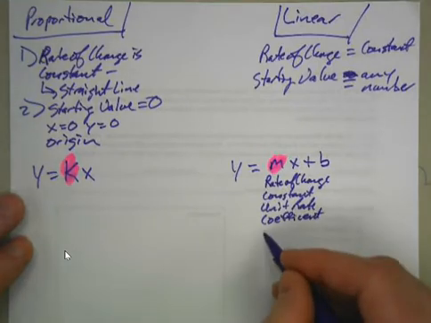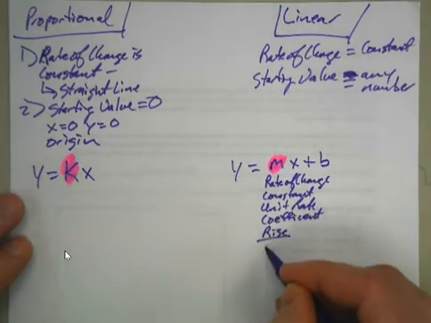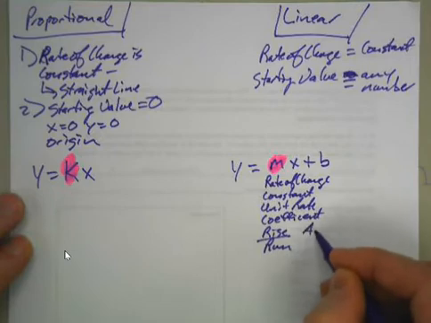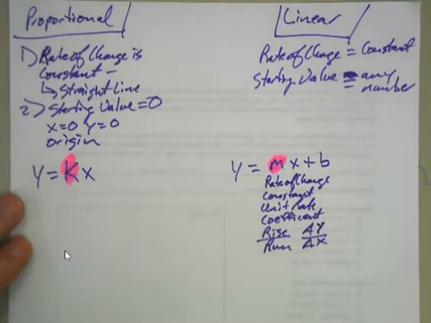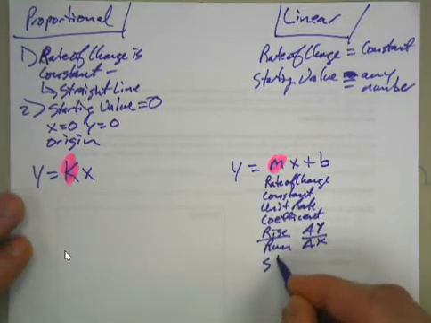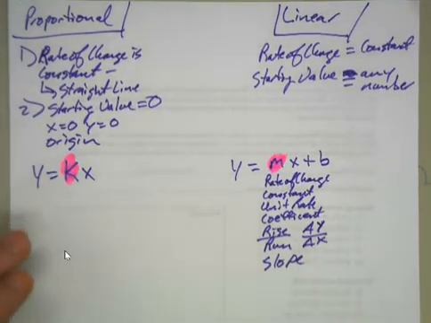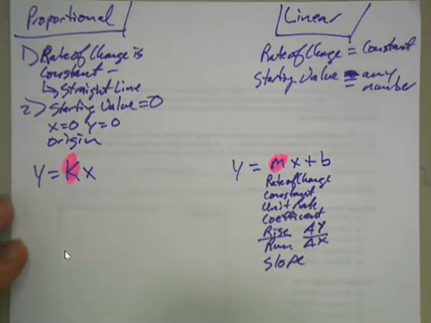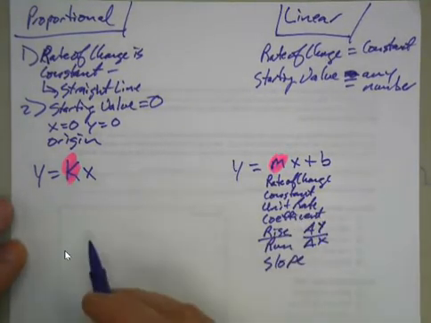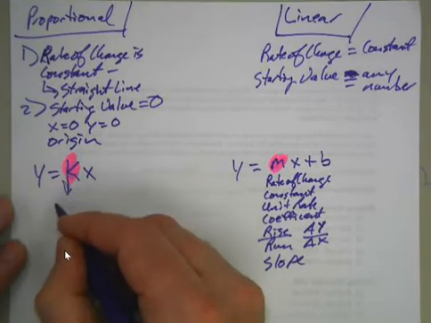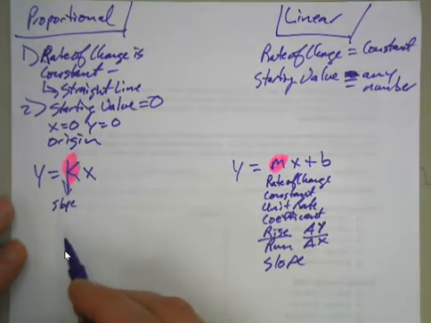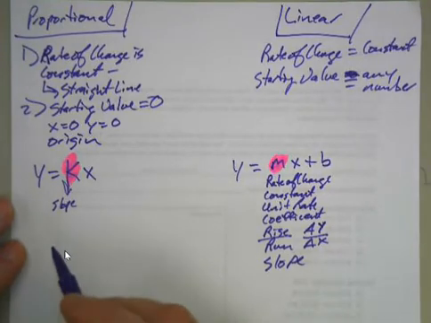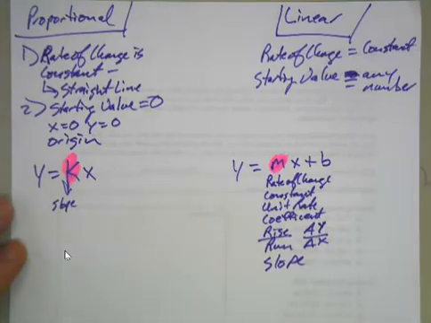It's going to be your rise over run, which is your delta y over delta x. And we're going to call this slope. And if you recall, k had all of the same names over here. This is also slope, rate of change, constant, unit rate, coefficient, rise over run, delta y over delta x. It's going to be the same thing.